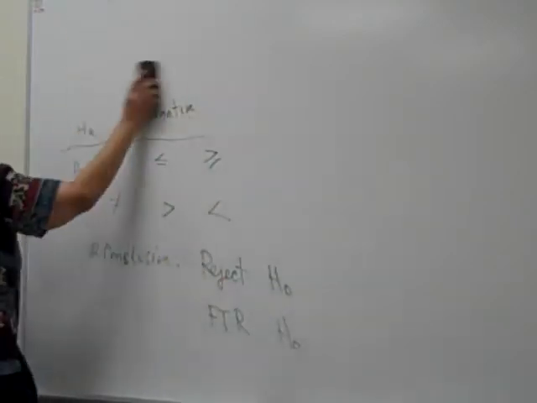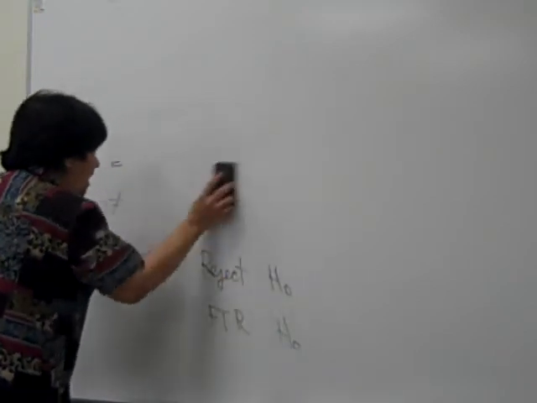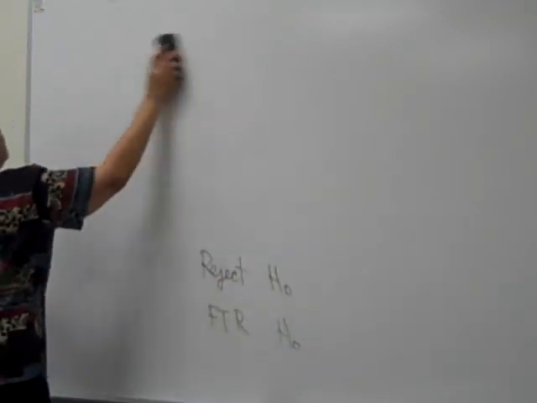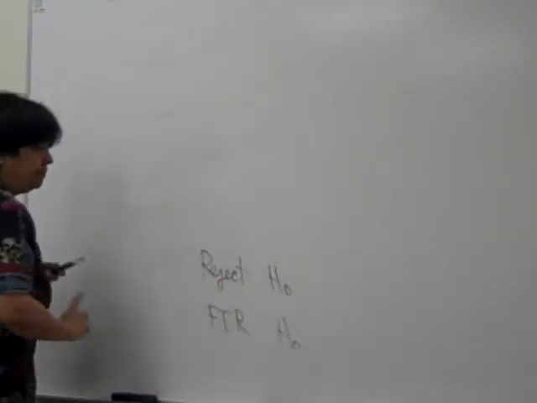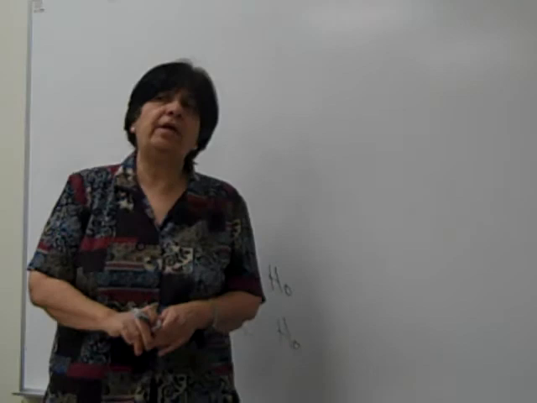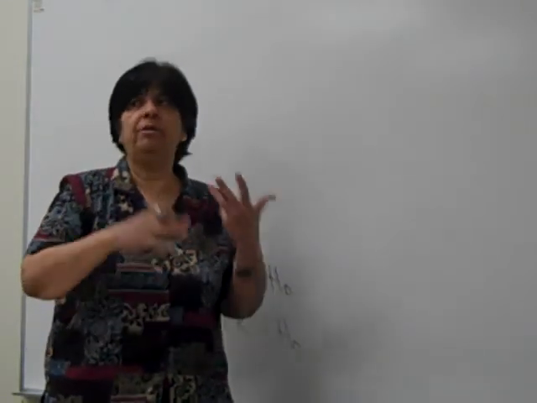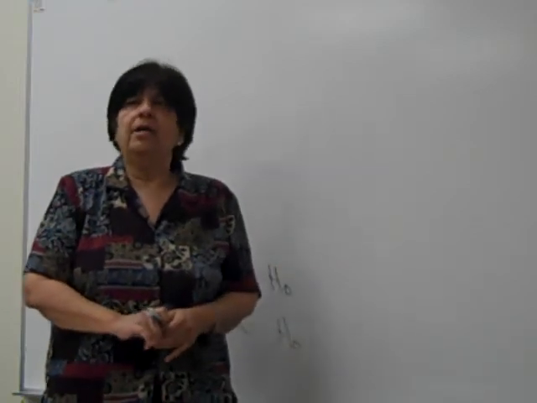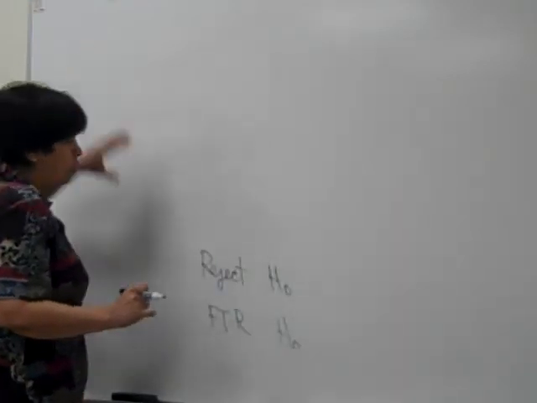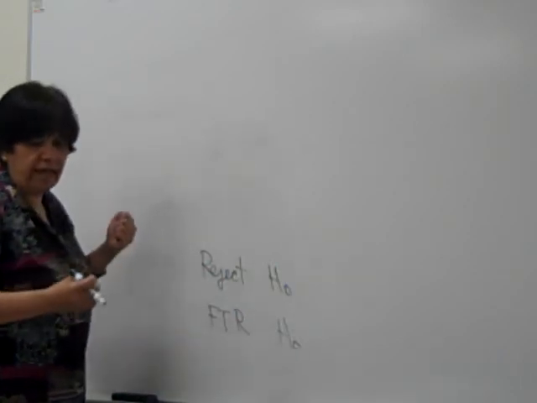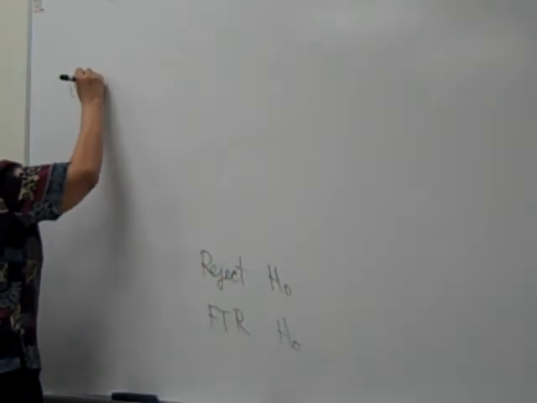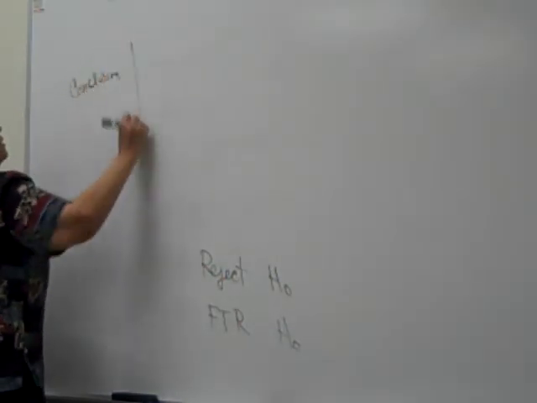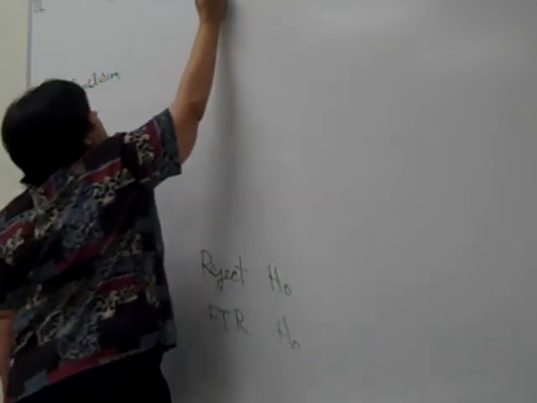Now, since we are basing our conclusion on a sample, hopefully this sample is representative of the population, because if not, then our conclusions would be useless. Since we are basing our conclusions on a sample, we can make mistakes, of course. Let's say this is the conclusion and this is the real world.